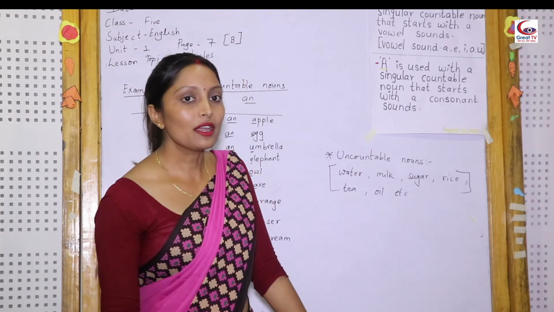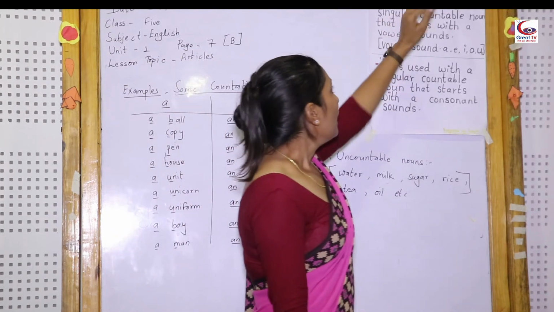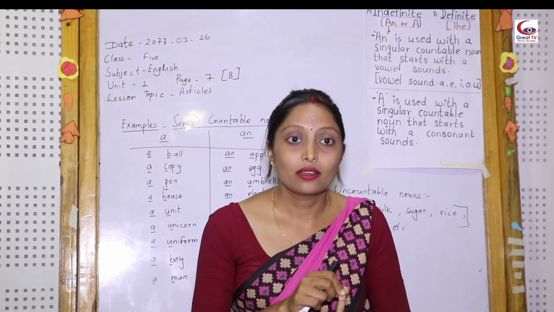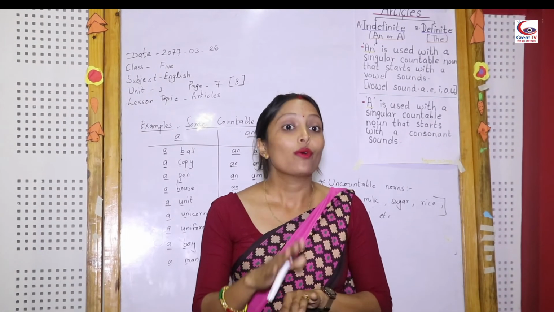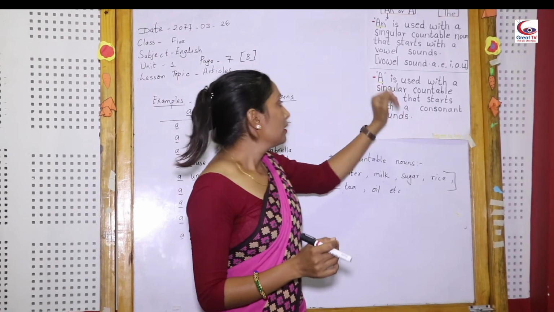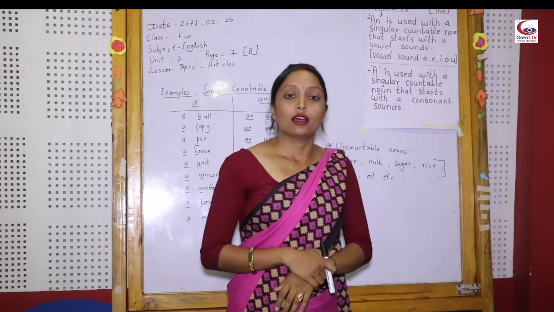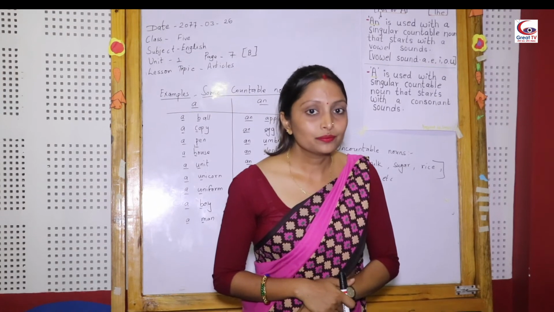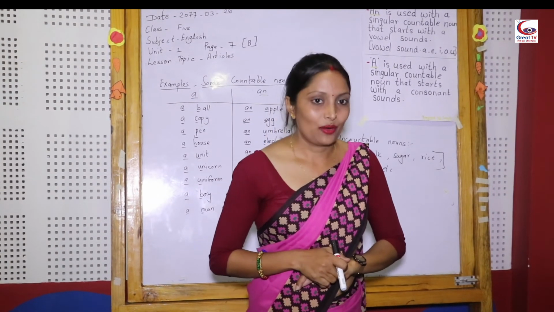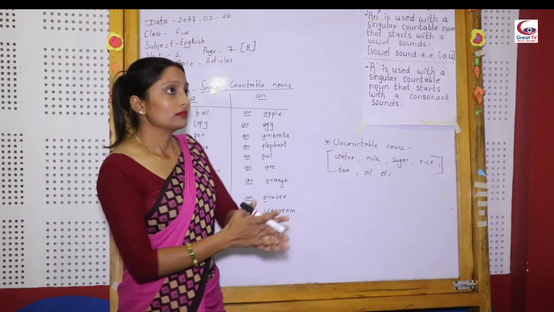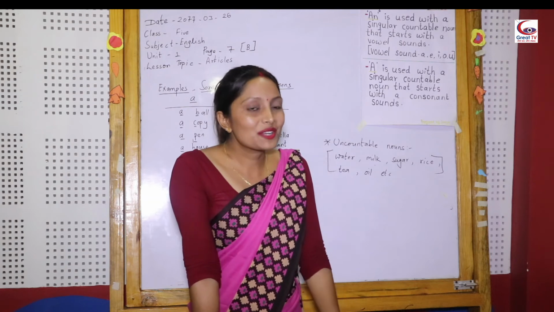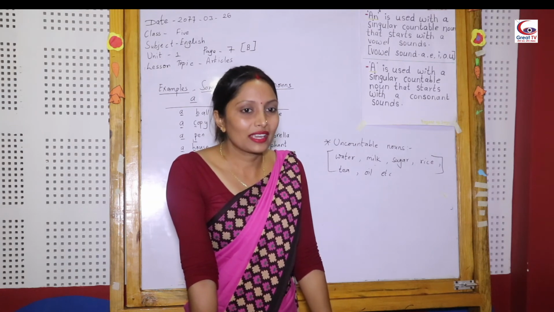To use an, the noun must be singular countable and start with a vowel sound. And to use a, it must be a singular countable noun which starts with a consonant sound. But we can't use a or an with an uncountable noun. Be careful, okay?